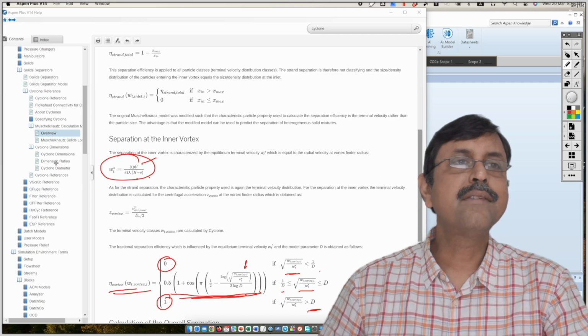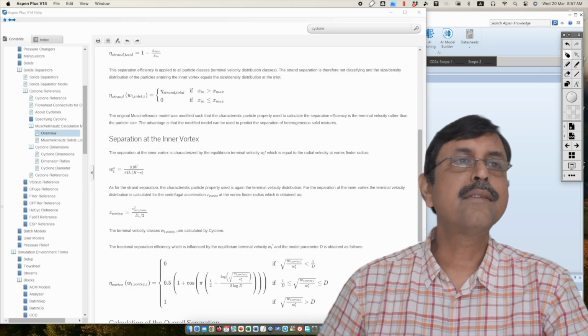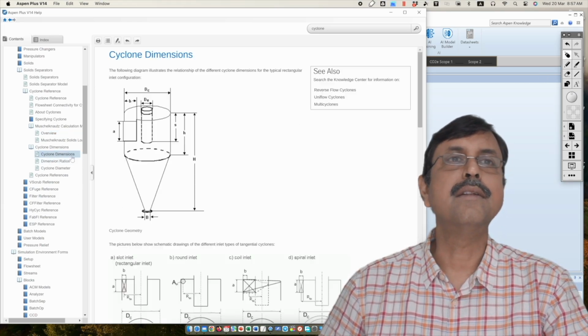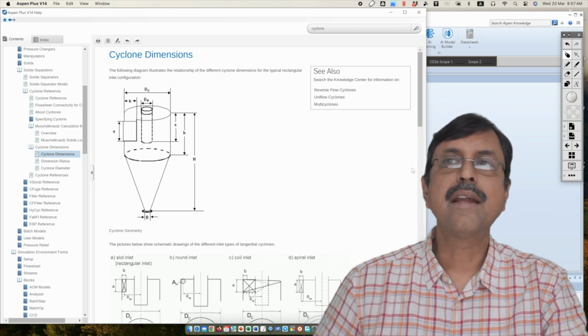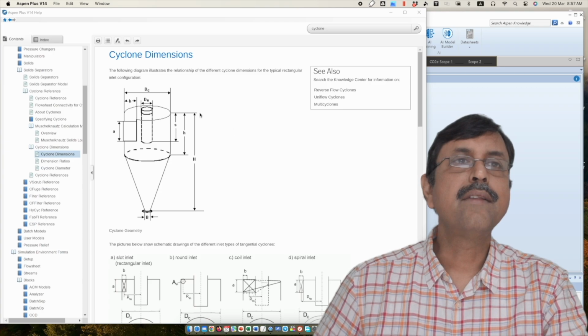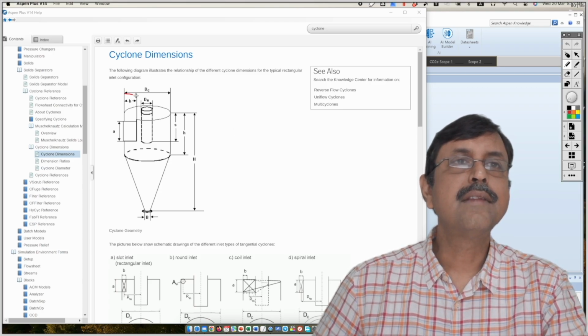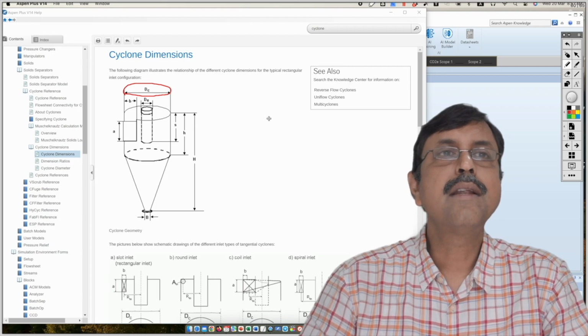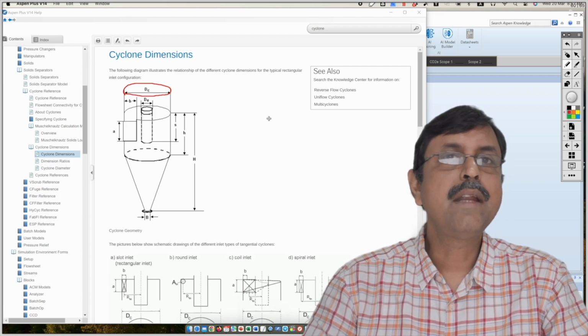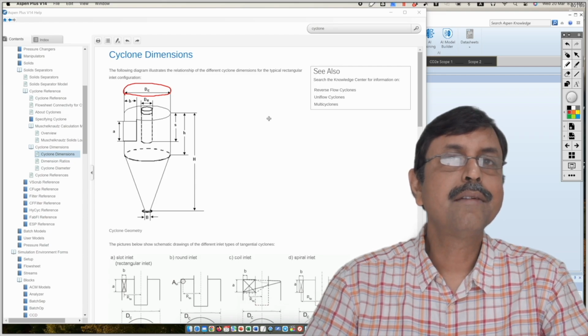To understand these dimensions, let us go to the cyclone dimensions. Here you find the dimensions are given. For instance, this is the diameter. All the cyclone model dimensions are given on the basis of the diameter. A few minutes back, we were talking about the ratio, right?